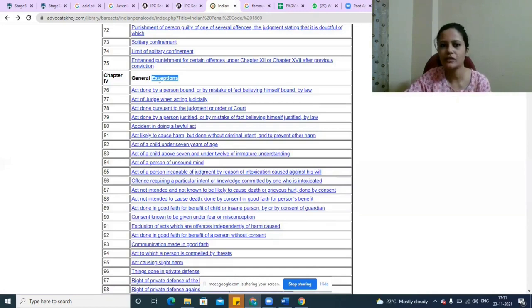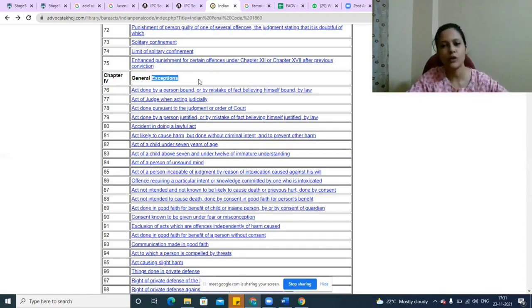Okay, so in those, have you heard before this one, general exceptions? Yes, ma'am. So in those, one very important provision that we have is relating to child. IPC says any child below the age of 7 years is mentally not that mature to understand or to differentiate between right and wrong.